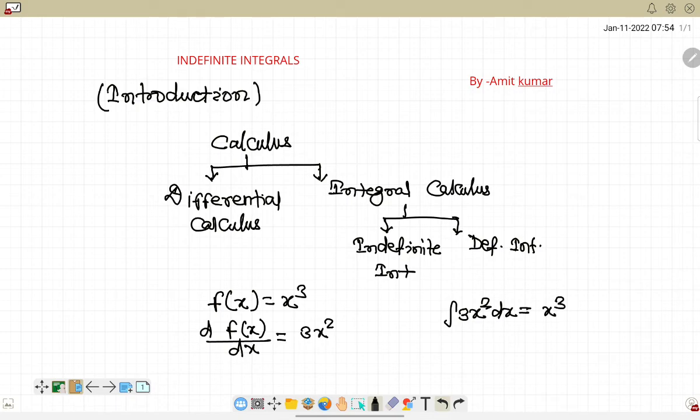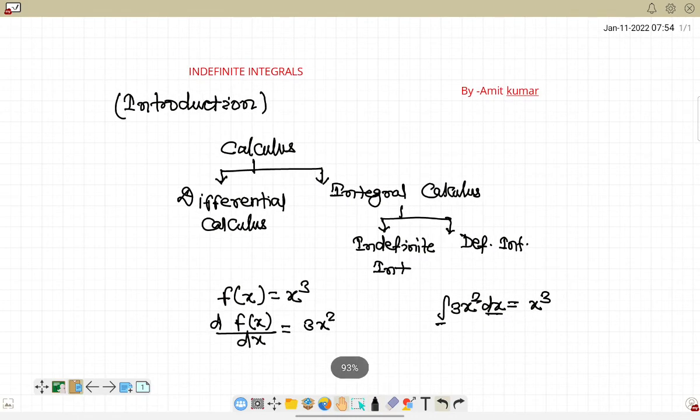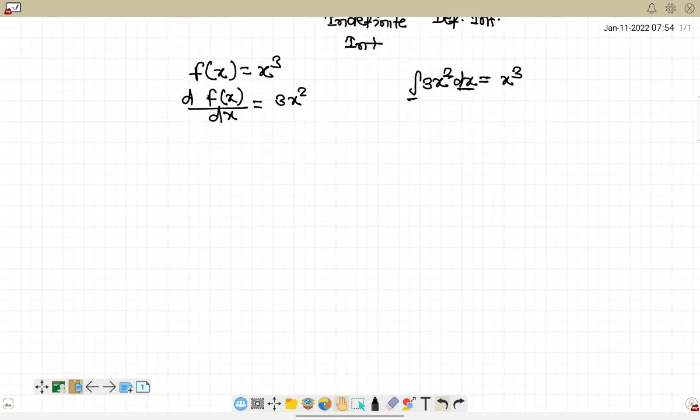Now we have some symbols, like the first symbol, this dx symbol. One by one we will decide the meaning of all these symbols. Before that we will start some work here.